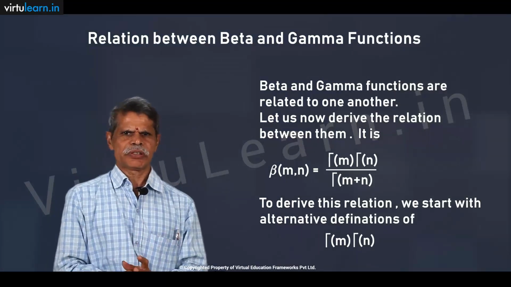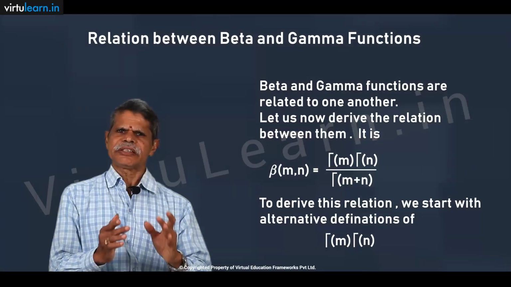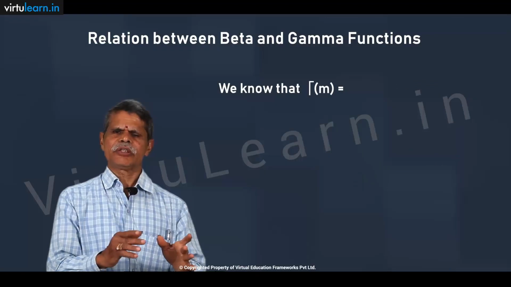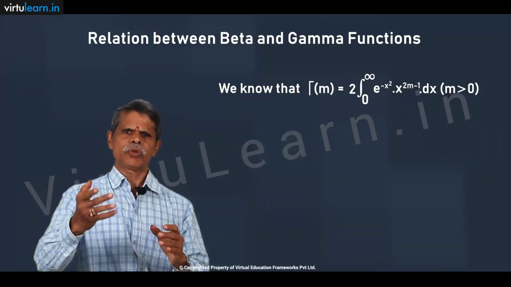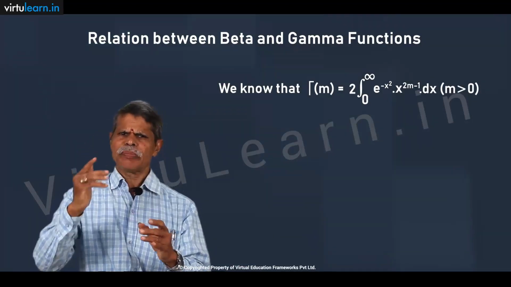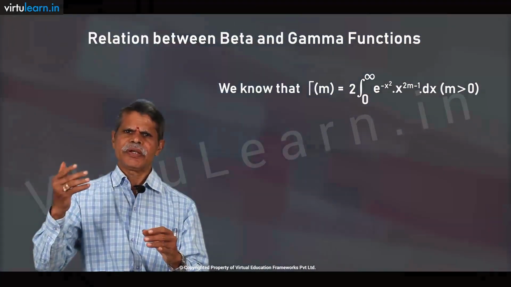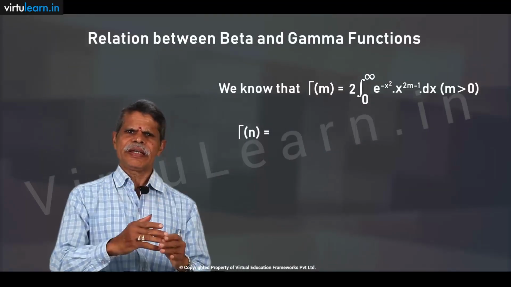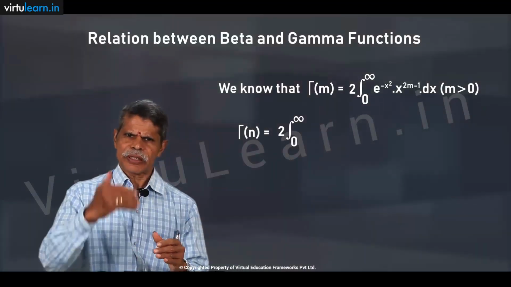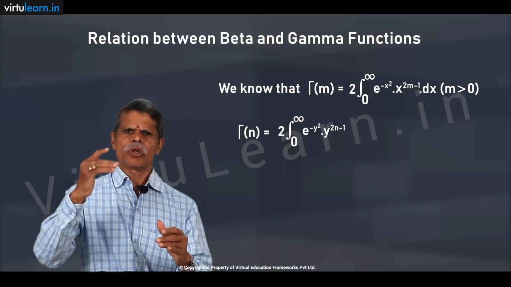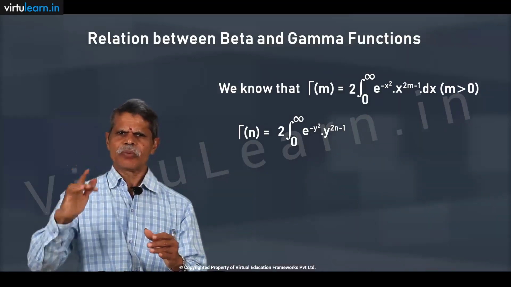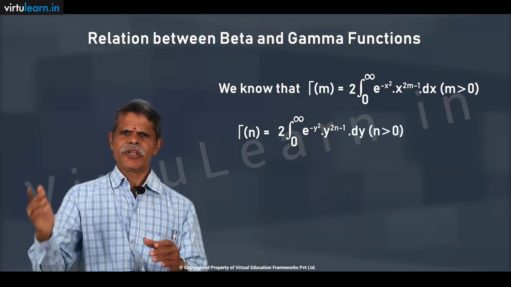We initially take gamma m is equal to 2 times integral 0 to infinity e power minus x square x to the power of 2m minus 1 dx. Gamma n we take as 2 times integral 0 to infinity e power minus y square y to the power of 2n minus 1 dy.